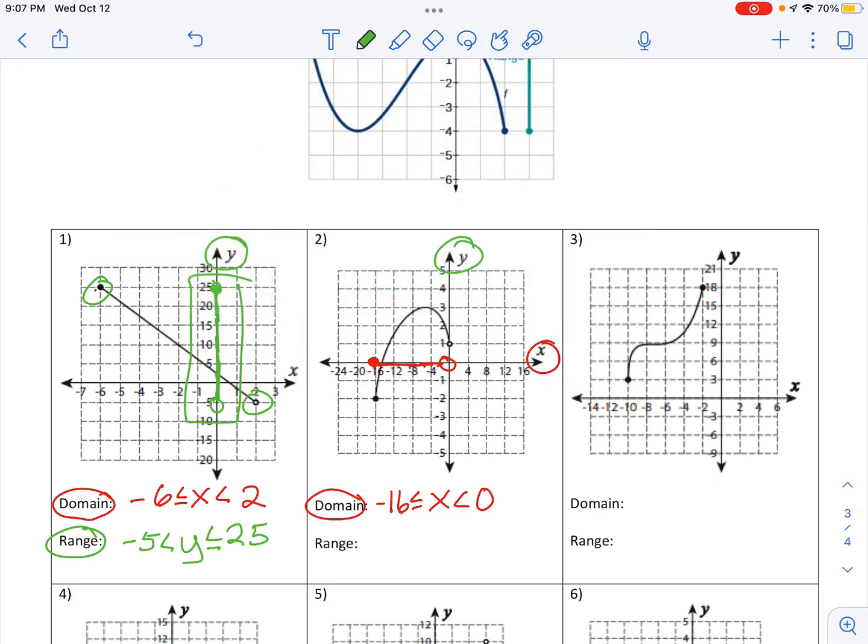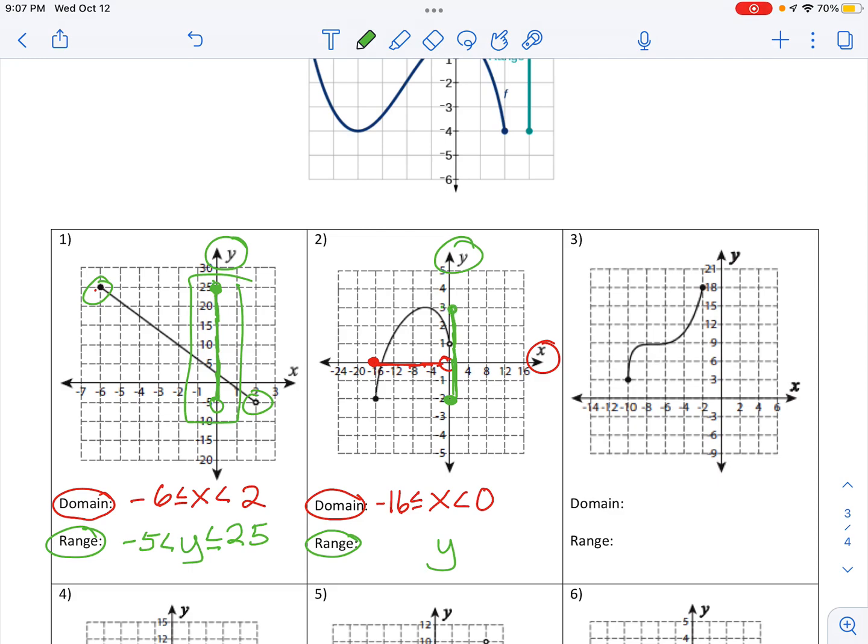Then moving on to the range, the y's. We're going to start with our lowest y value, which is right here at -2, and that is a solid circle. It continues upward, all the way up, past that open circle, all the way here to +3.